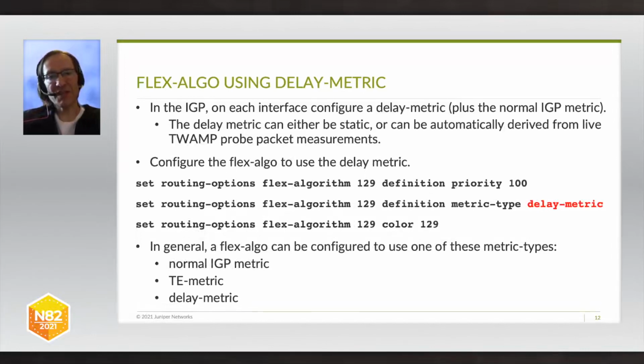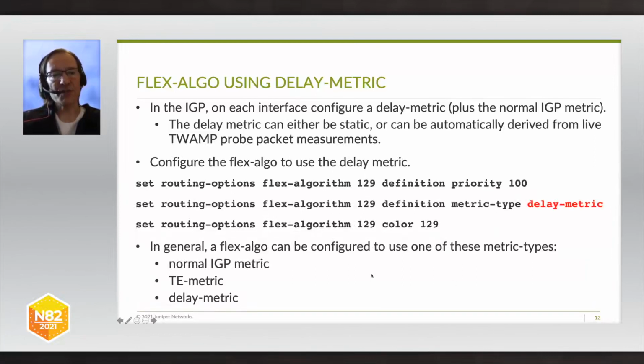And so the IGP neighbors are sending timestamp probe packets to each other, and that determines the latency of the link, and that's fed into the metric value that's advertised via the IGP flooding for that particular link. And so that can change as a function of time according to different metric conditions.